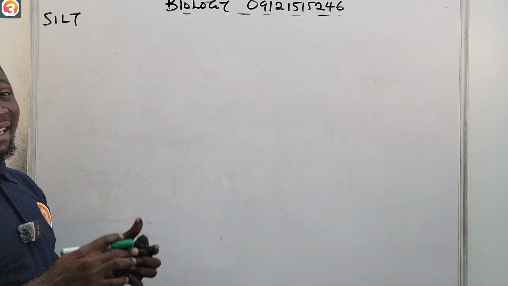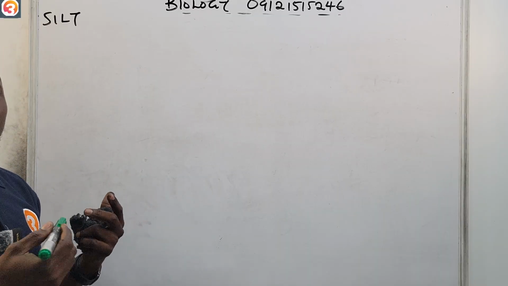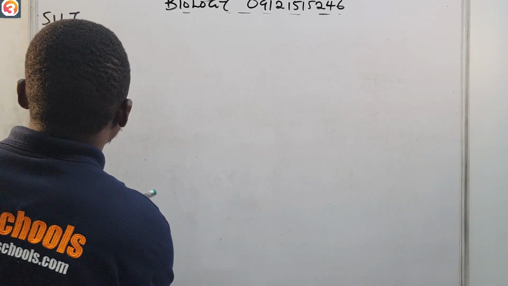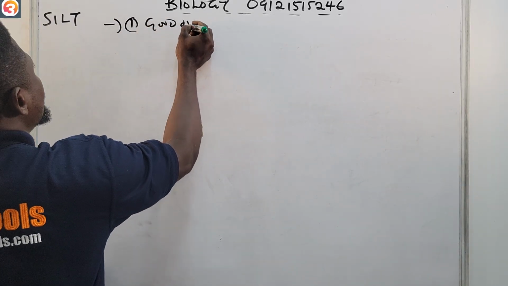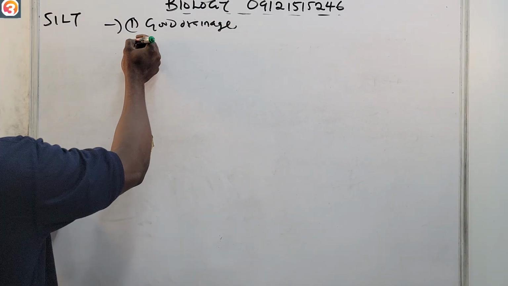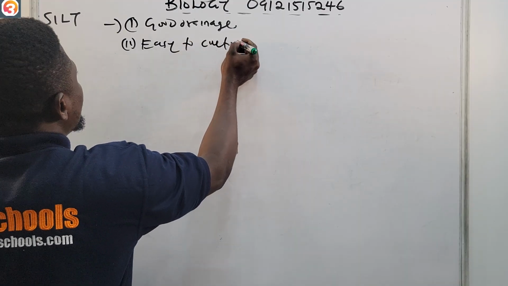They have good drainage, they also retain water, and they also have nutrients. So for silt, number one, they have good drainage, and they are easy to cultivate.